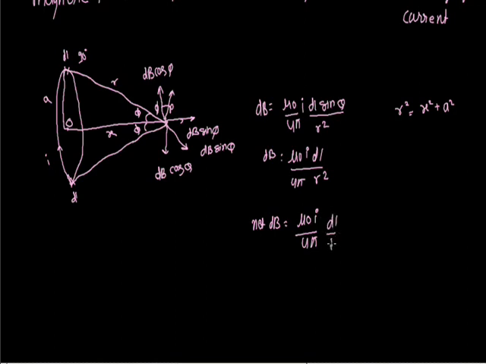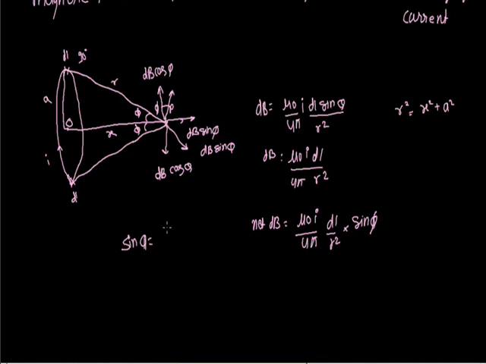dl upon r square into sin phi. Sin phi equals perpendicular upon hypotenuse.